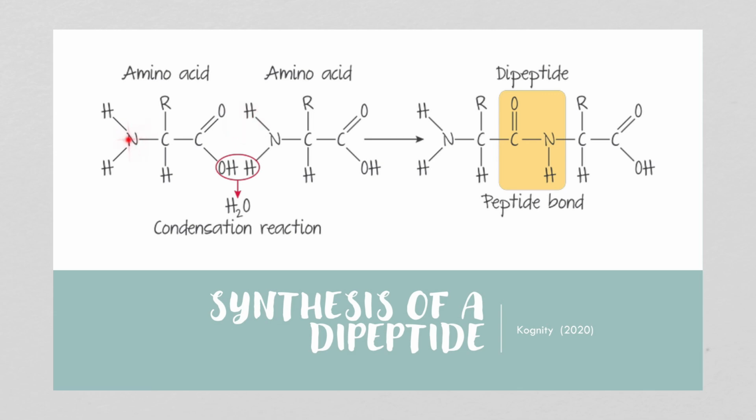So the way you write it would be NCC, NCC, with the carboxyl group sticking up here, the amino group down there. So the carboxyl loses the hydroxide or the OH, and then the amino loses one of the hydrogens. And this is what the bond should look like. That's the peptide bond. You would need to label that. You would need to say that this is a dipeptide, and you would need to draw this exactly as you see it to get full marks.